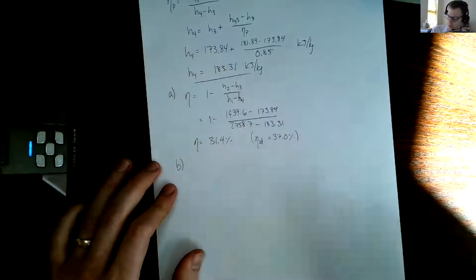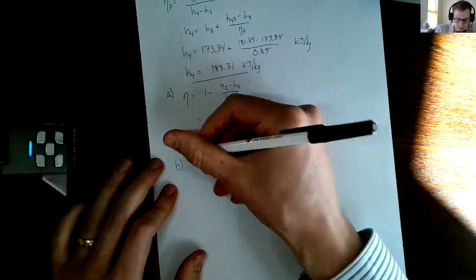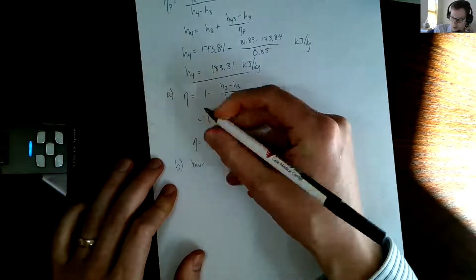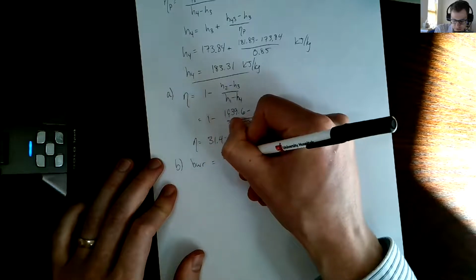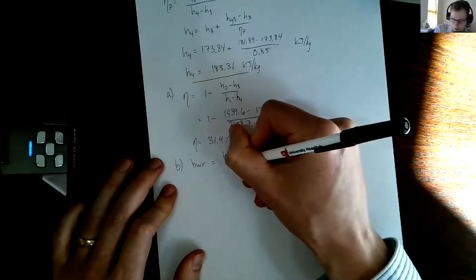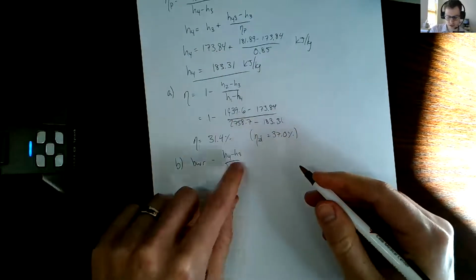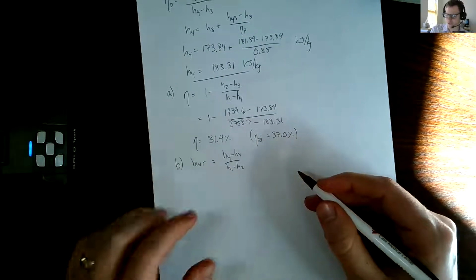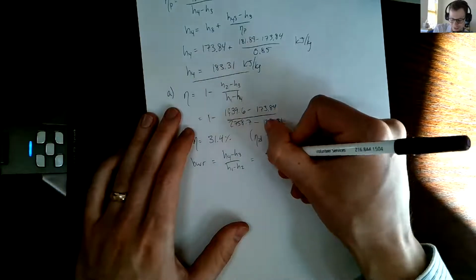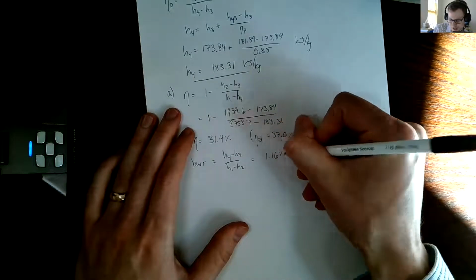All right, part B is the back work ratio, or BWR. This is defined as H4 minus H3 over H1 minus H2. I won't go through the pain of putting in each individual number. We have all the numbers. You can plug them in. You'll get 1.16%.